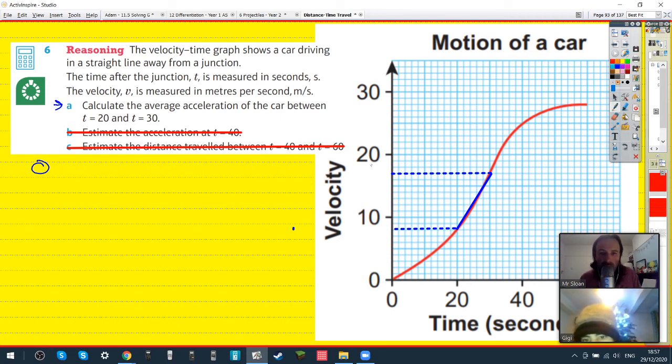Oh. 0.9, whatever that is, meters per second squared.